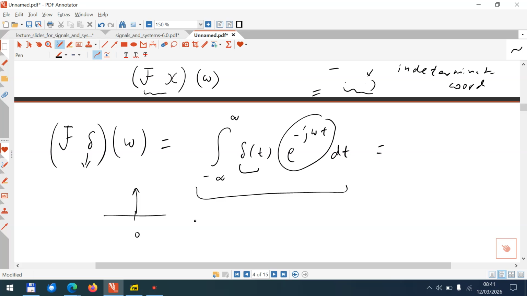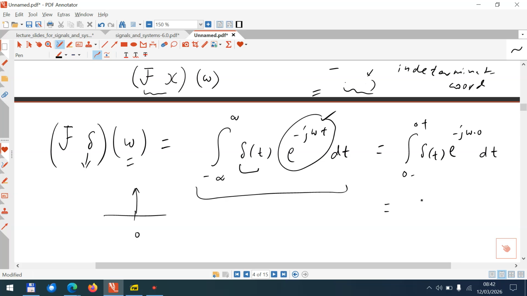Delta is a function of t. So how can you say this, omega is only for the final evaluation, right? So you have to do it like this. The only thing which matters is 0 minus to 0 plus, and delta of t. In that region, this will be simply exponential minus j omega times 0. Omega doesn't go anywhere.